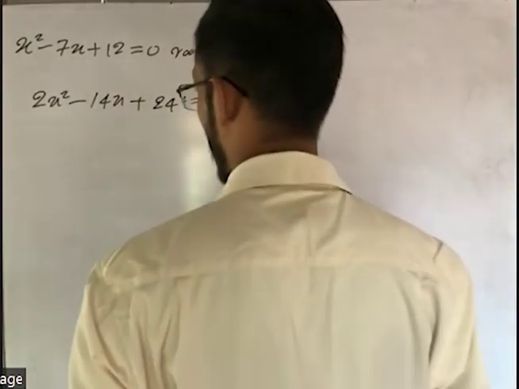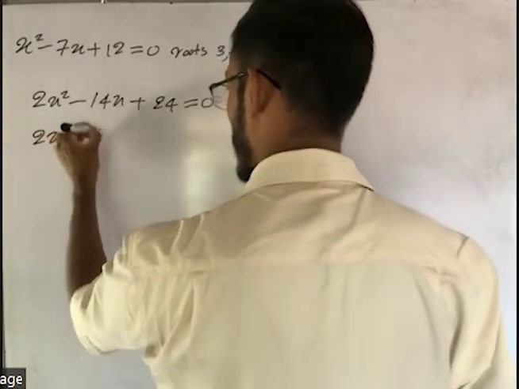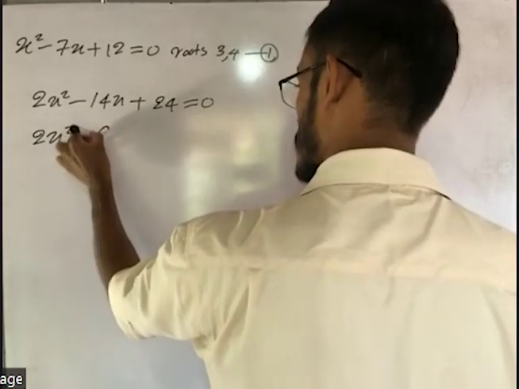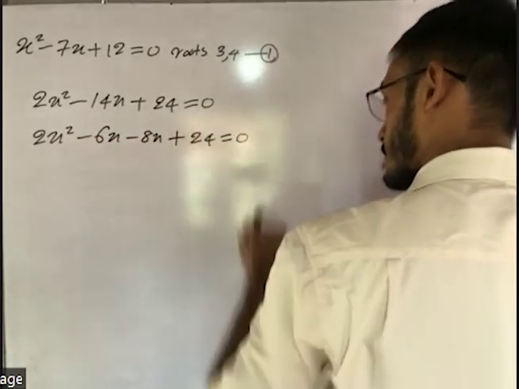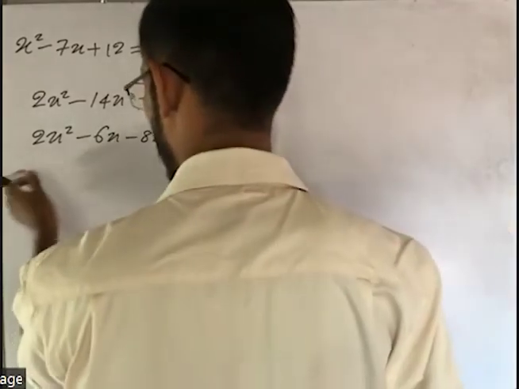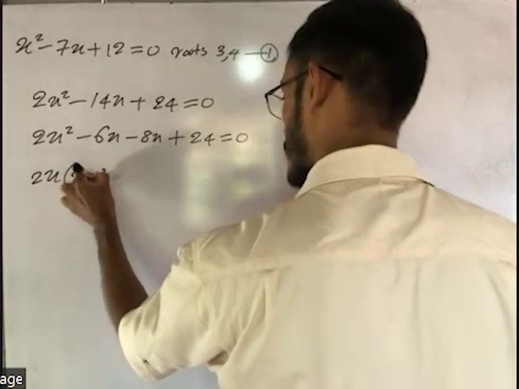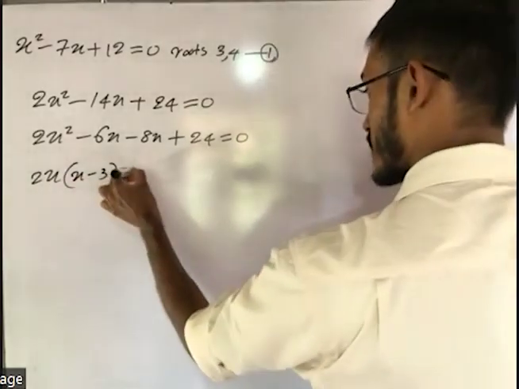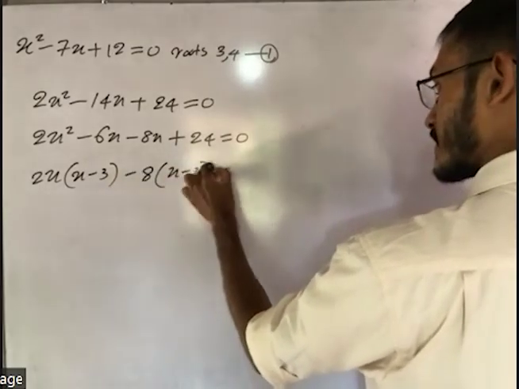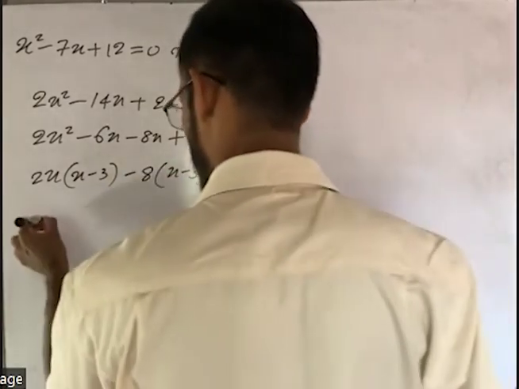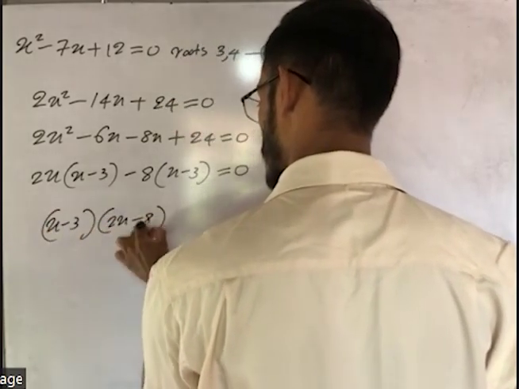Then I can separate this equation into factors. I can write down 2x square minus 14x means 6x minus 8x plus 24 equal to 0. Now here I can take 2x out of the brackets. Then x minus 3. Here also I can take minus 8 out. Then x minus 3 equal to 0. Then separate the factors. X minus 3 into 2x minus 8 equal to 0.